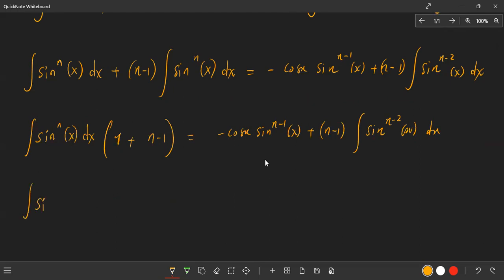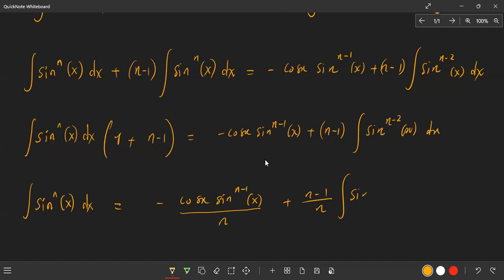So we have negative cos x sine n minus 1 x over n plus n minus 1 over n the integral of sine n minus 2 x dx.